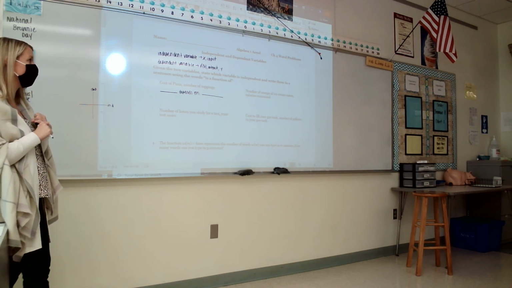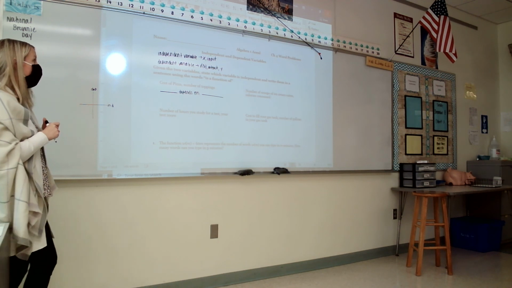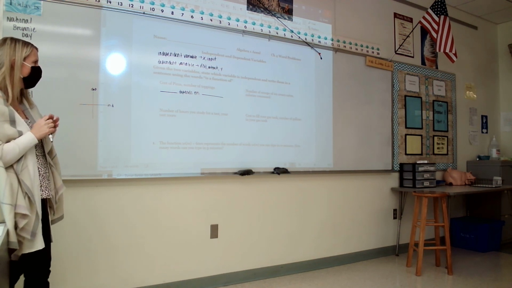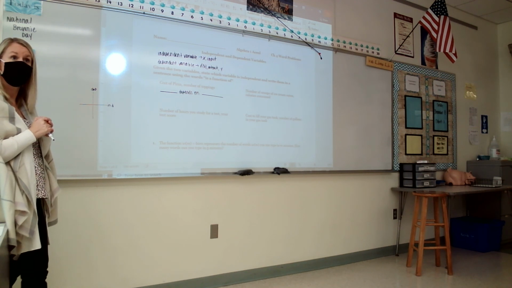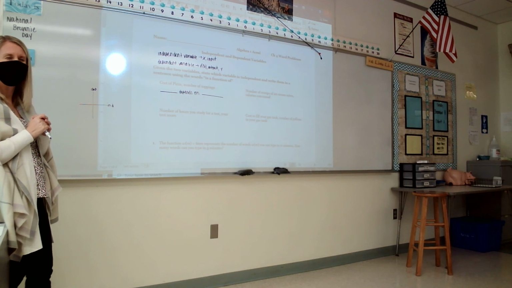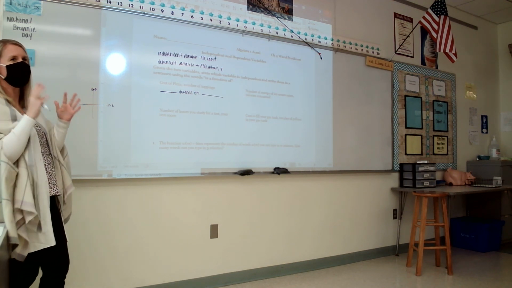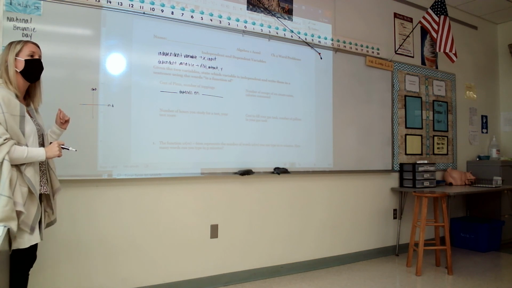Does the cost depend on the number of toppings? Or does the number of toppings depend on the cost? Number of toppings depends on cost. Other way around. It's the other way, I know, they both sound right. If you ever get confused, think about how you would graph it.